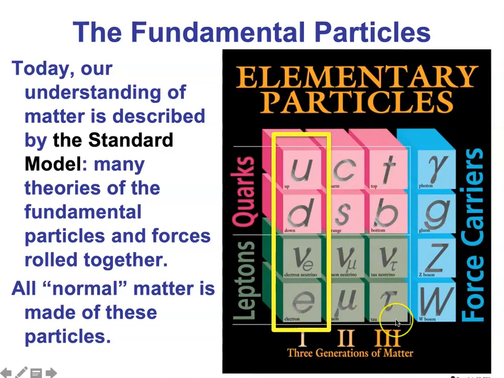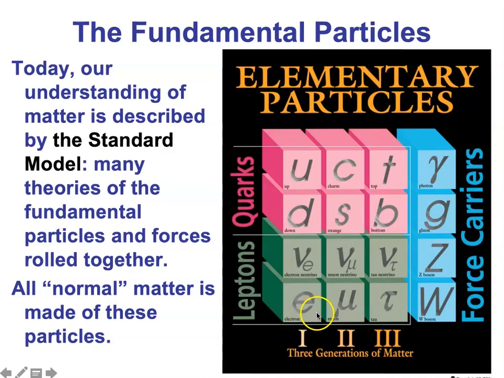The second and third generations of matter are basically just higher mass cousins of the first generation. So charm quarks and strange quarks are like up and down quarks, only higher mass. Top quarks and bottom quarks are like up and down quarks, but they're even higher mass, even higher than the charm and the strange quarks.